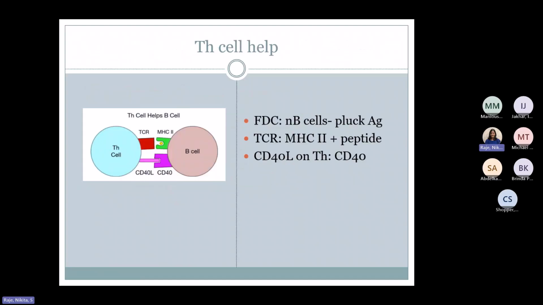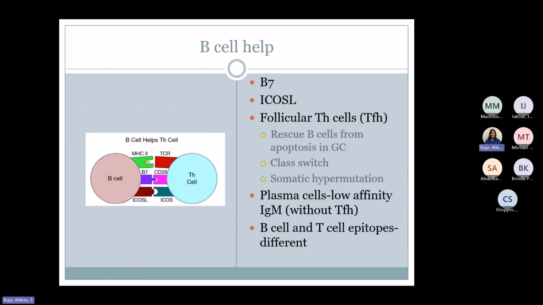Once helper T cells are at that border of the T and B cell regions, the B cells and T cells interact with each other. Follicular dendritic cells express that antigen and present that antigen to the T cells. T cells use that information and express the co-stimulating molecule CD40 ligand that interacts with CD40 on B cells, and these cells will activate each other and the TH cells will help the B cells in their job.